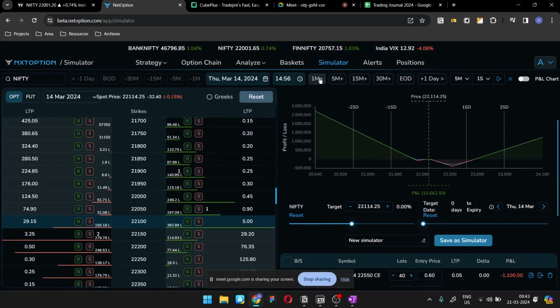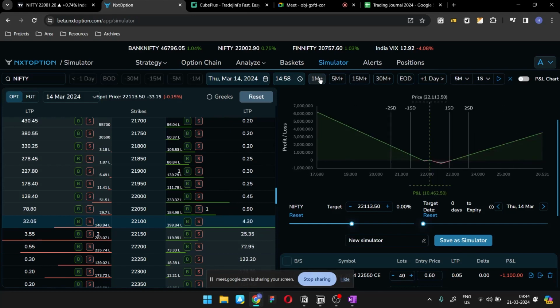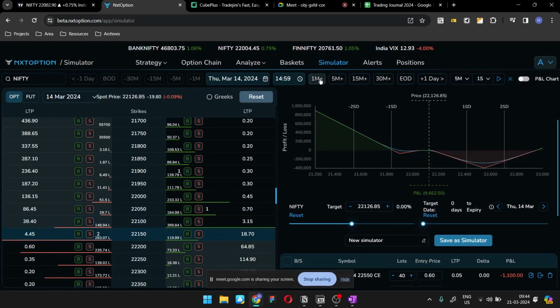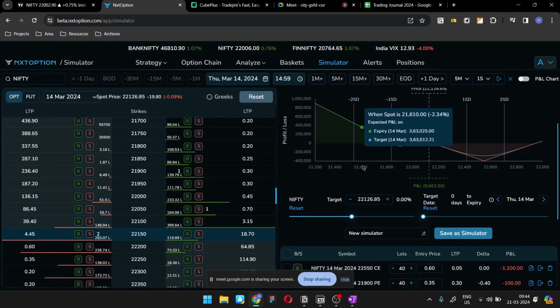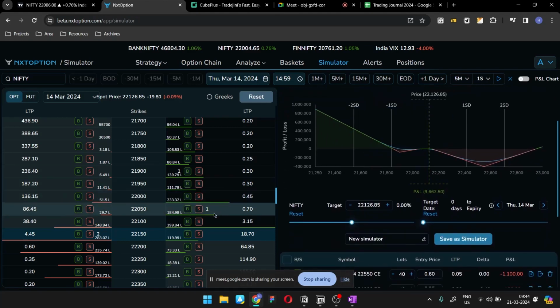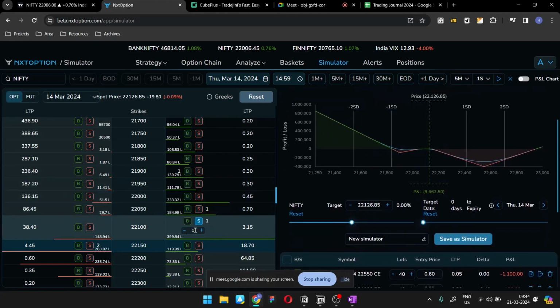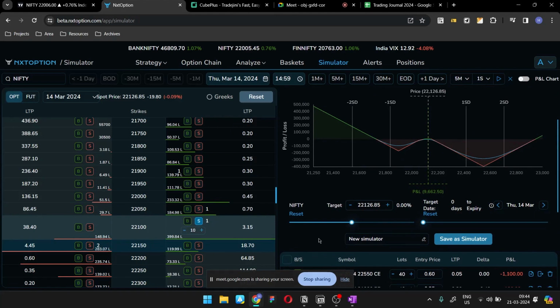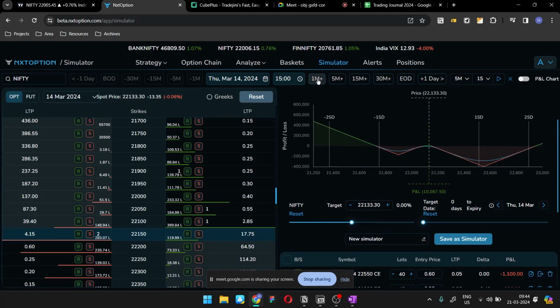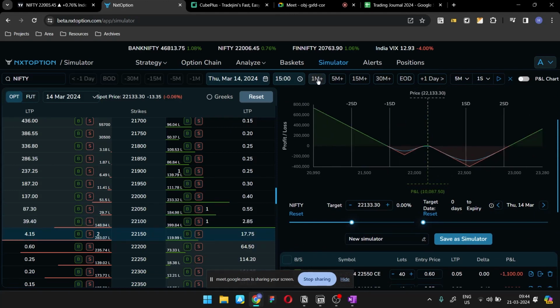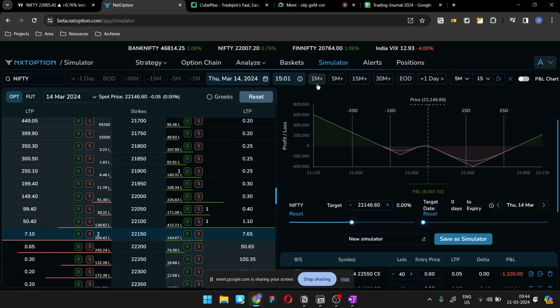3.7. So if a little bit of put side spike happens, it will be nice. Otherwise, we have to come closer to the market. No put side spike. So we have to come to 21,200 itself, 10 minutes. Okay, we got a spike here to 7.2.